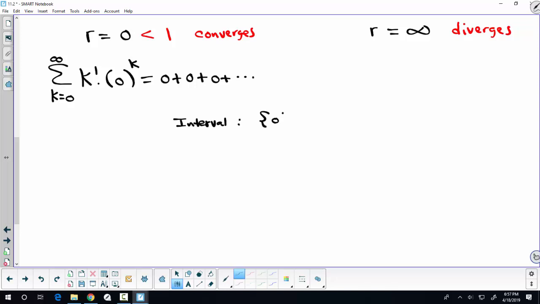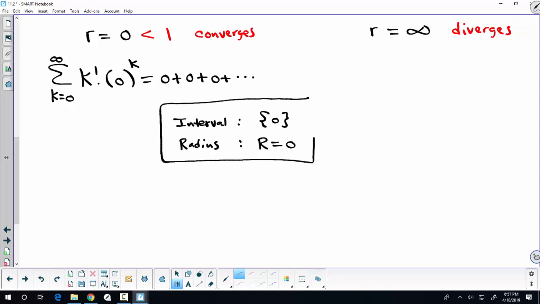So it's a matter of notation, but it's the set {0}, and the radius is 0. I mean, the interval of convergence and the radius of convergence.